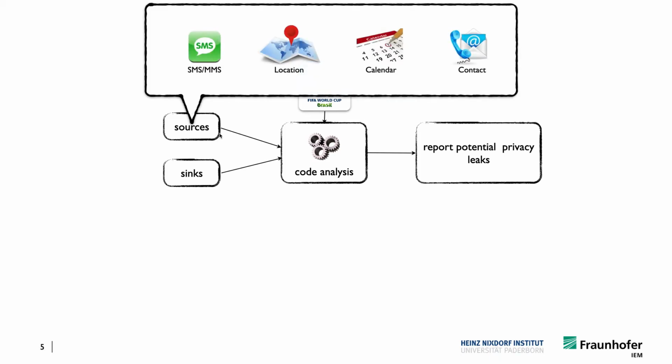What are sources? In the mobile threat landscape, typical sources are sources of information that may enter your phone. For instance, location data, calendar data that you keep on your phone, contact data, but also SMS or MMS. Back then, these were still a thing. Today it would probably be more your WhatsApp messages.